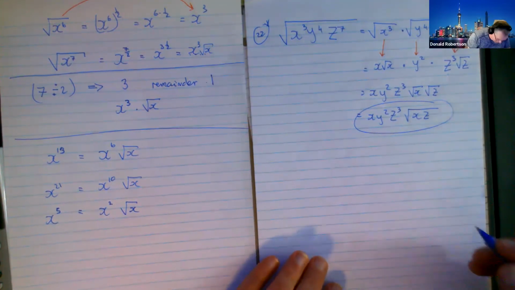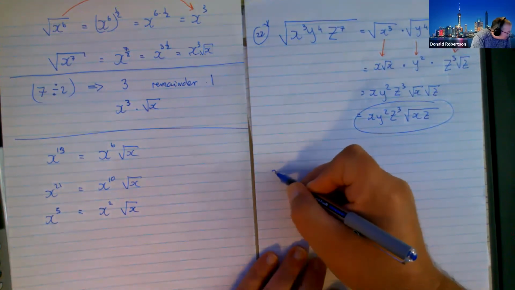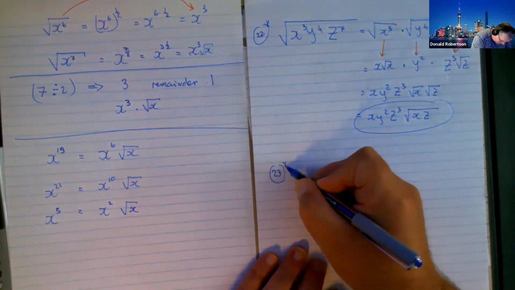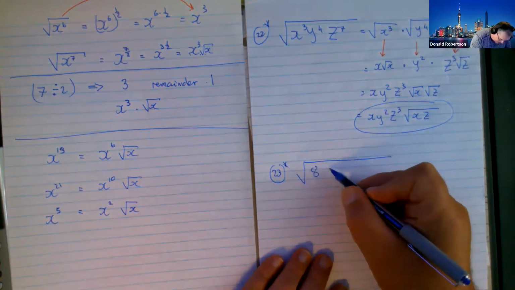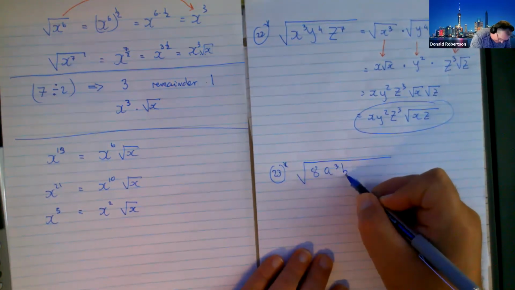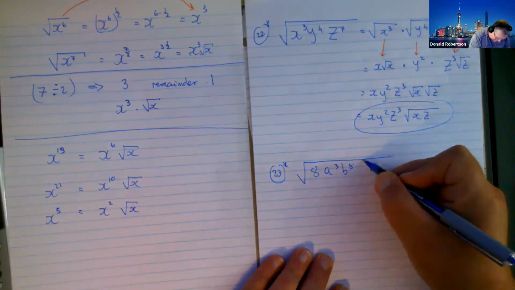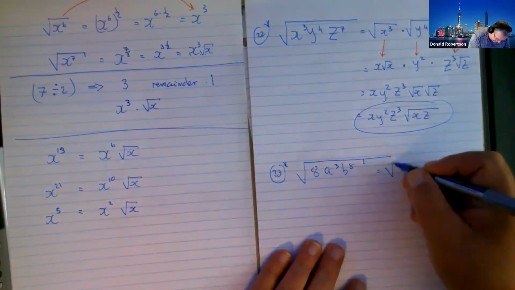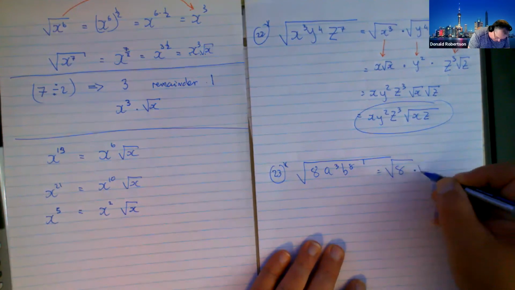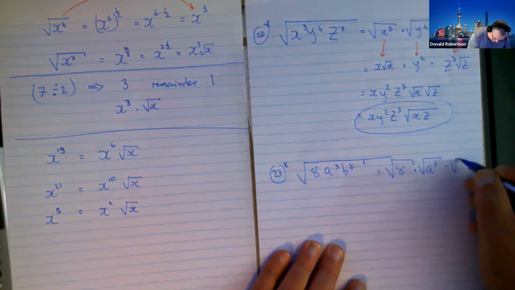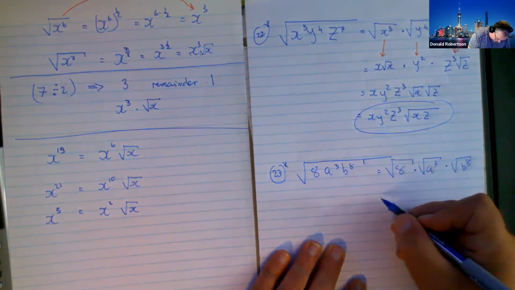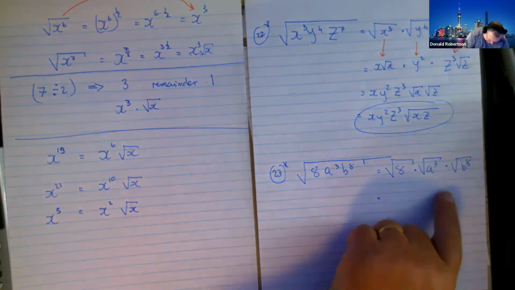Now you're going to make it more difficult, like in question 23. You add one extra layer, you add a number. Right, that guy. That's going to be the square root of 8, the square root of a cubed, and the square root of b to the 8.